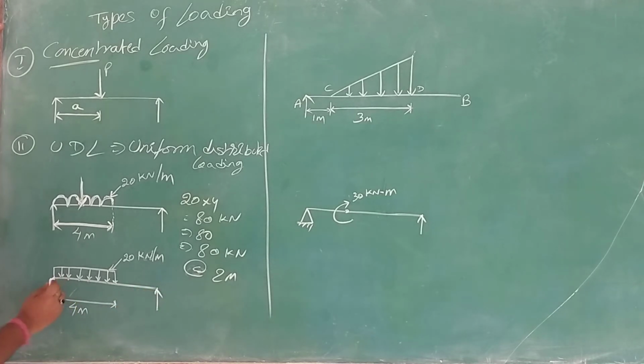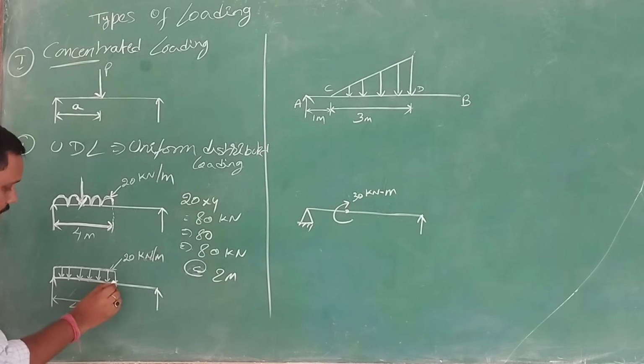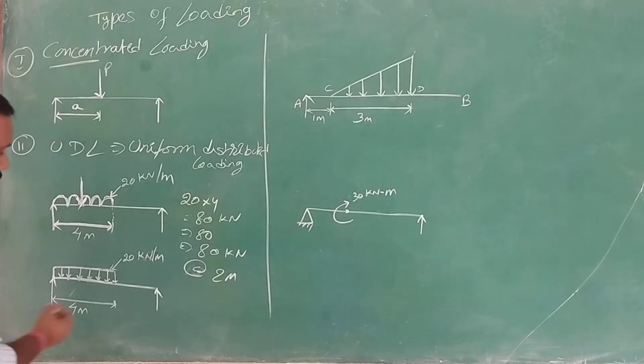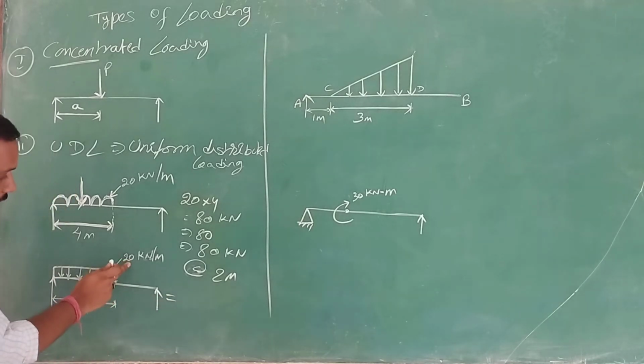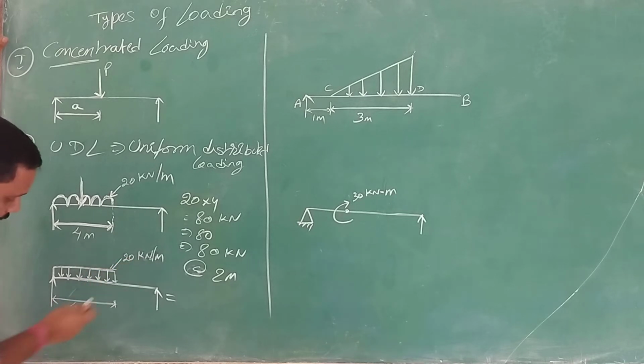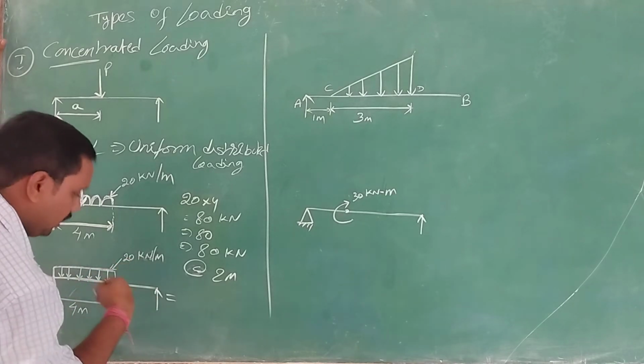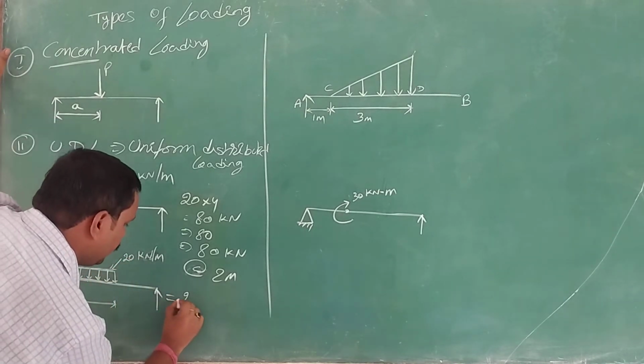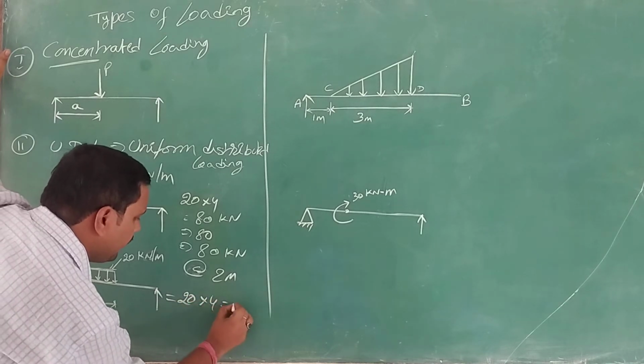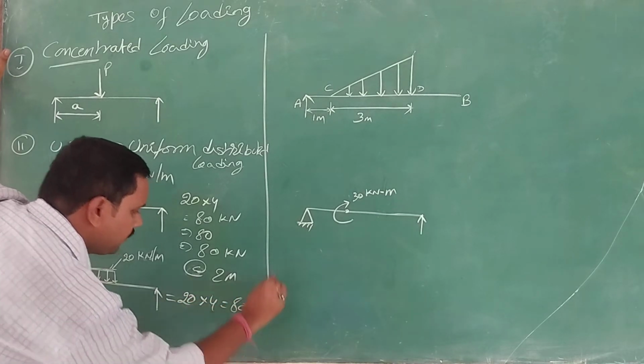See, this UDL can also be represented in this form. If you could see here, the load is uniformly distributed through a distance of 4 meter. Again, it says 20 kilonewton per meter, and here we have 4 meter. So the value of the total weight will be 20 into 4, that is 80 kilonewton.